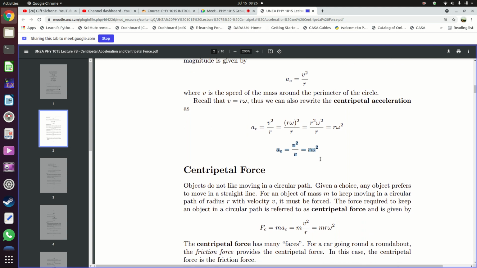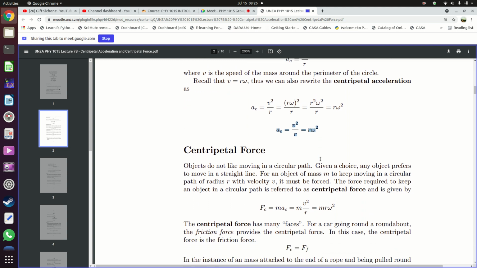Yes, sir. So now that we know the acceleration, we have to recall from Newton's second law of motion that whenever an object is undergoing an acceleration, it's because there is a force which is causing the acceleration. So when we use Newton's second law of motion, we can write the centripetal force, which is the force causing the acceleration.